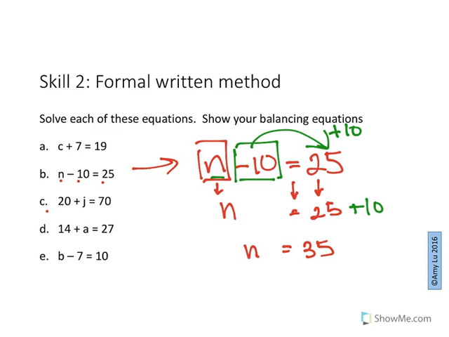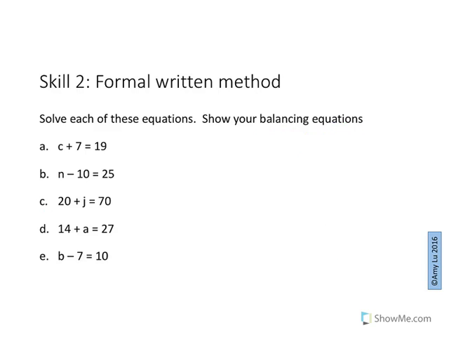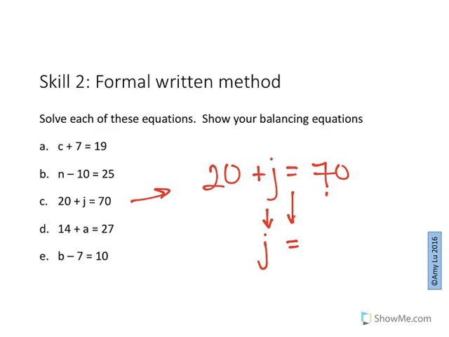And I'll show one more. Then finally, you have this problem, 20 plus j equals 70. Now, again, I want to keep my variable exactly where it is if I can. So there's the j, there's the equal sign, there's the 70. Now I have to move this 20. You see how there's no sign in front of it?